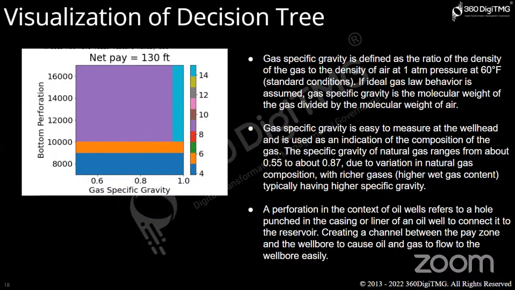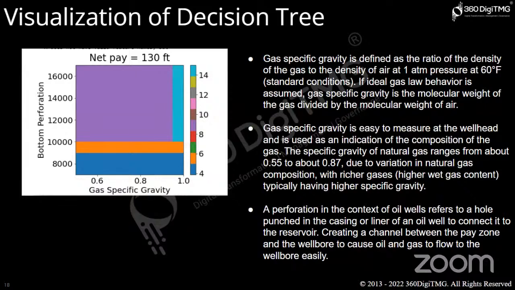When we are looking into the gas composition, in case of a well, we will have natural gas as well as crude oil here, and the specific gravity of natural gas ranges from about 0.55 to 0.87. These are some standard values that we have. Due to variation in the natural gas composition, richer gases typically having higher specific gravity is also possible.